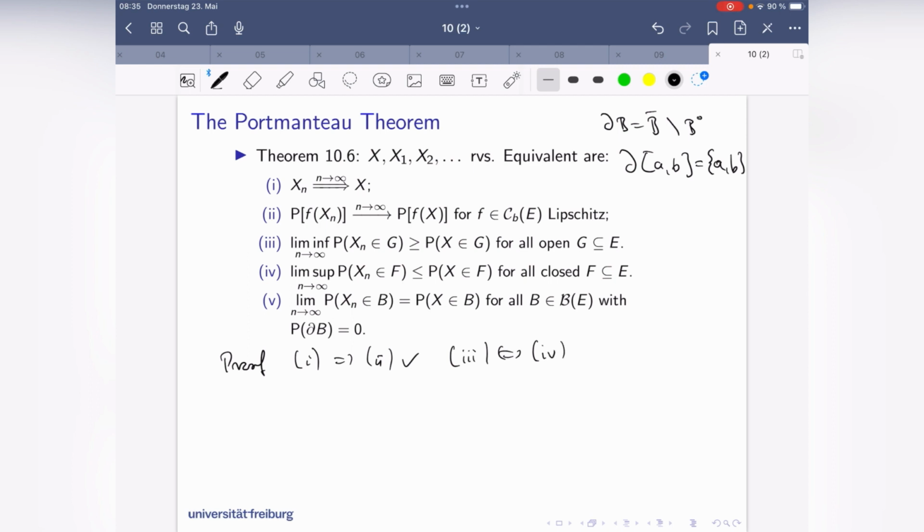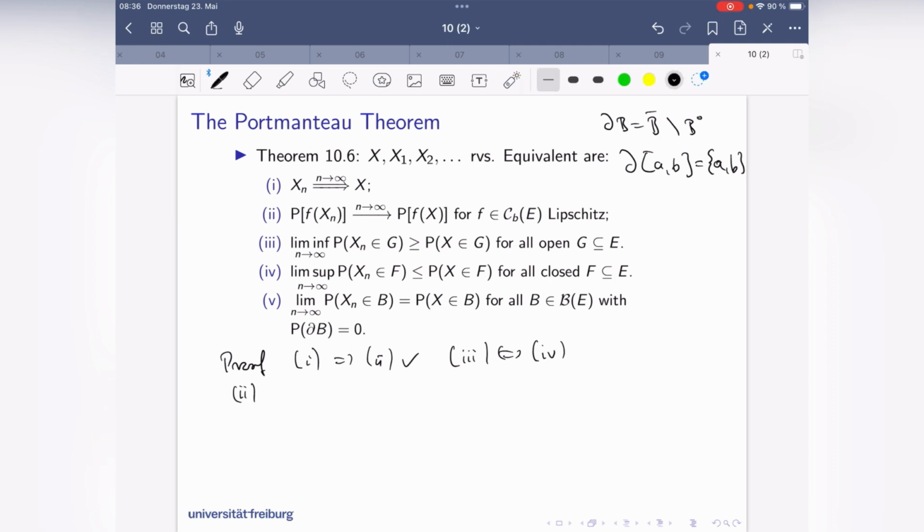That's also clear, because if I have an open set, the complement is closed and vice versa. And if I go from G to the complement of G, I get a 1 minus. And with the minus sign, the liminf becomes limsup, and the bigger or equal changes to a lesser equal. So that's clear also. But let's try to prove the interesting parts.